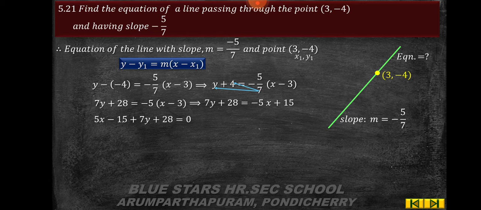So 5x minus 15 plus 7y plus 28 is equal to 0, which implies 5x plus 7y, minus 15 plus 28 is plus 13. So you get the equation of the straight line 5x plus 7y plus 13 is equal to 0.